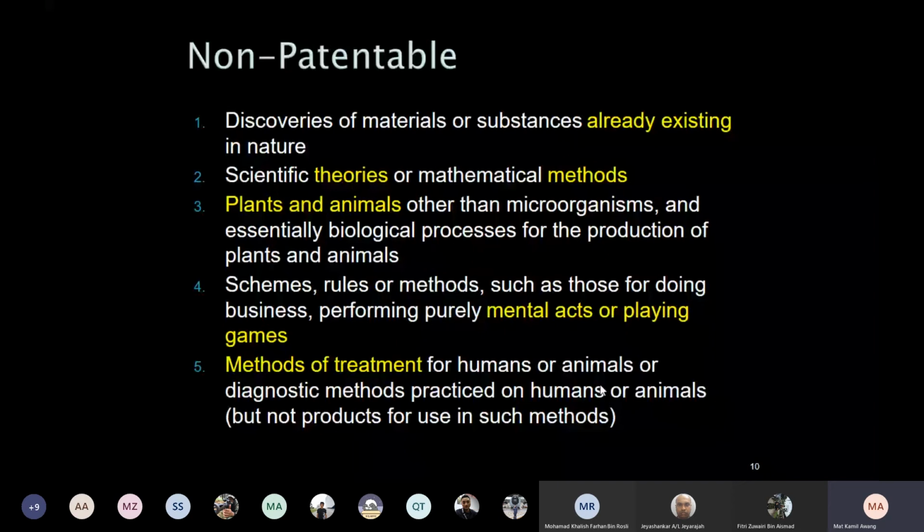Schemes, rules or methods such as those of doing business, performing purely mental acts or playing games, you cannot patent those. Methods of treatment for humans or animals, or diagnostic methods practiced on humans or animals, also cannot be patented.